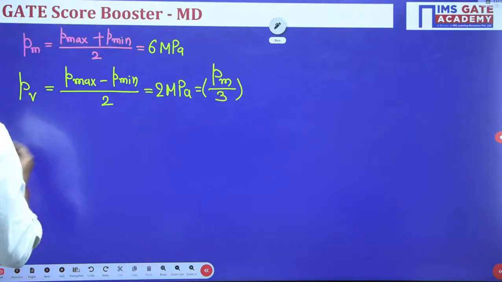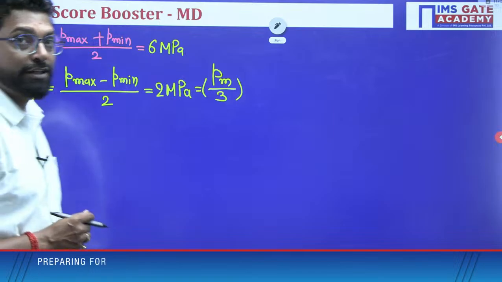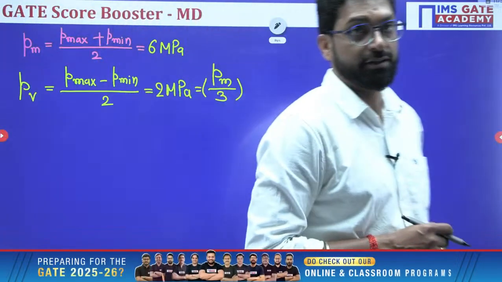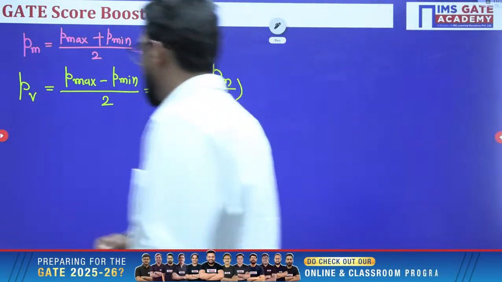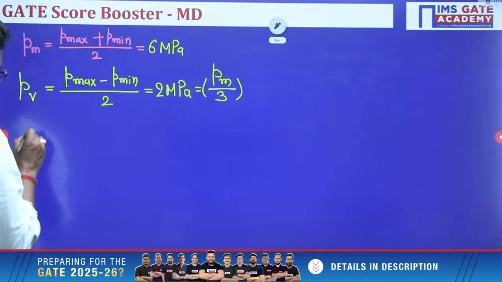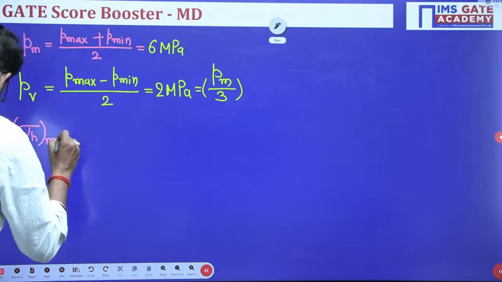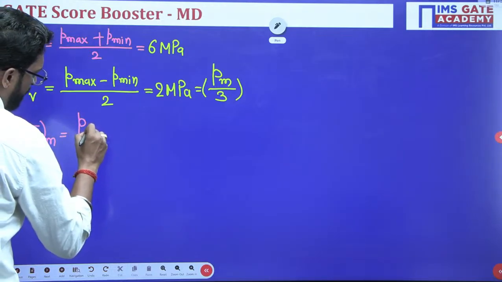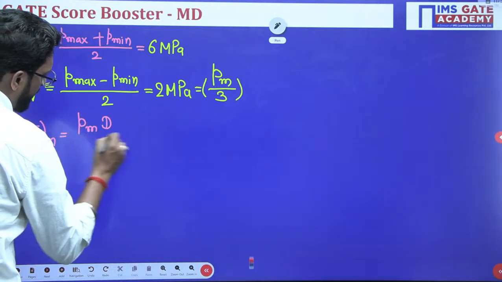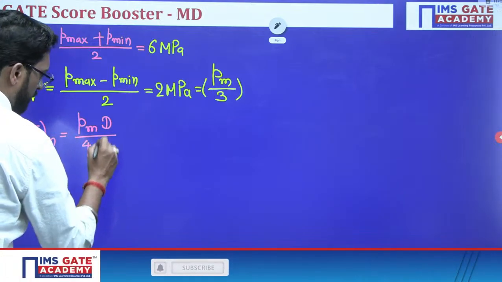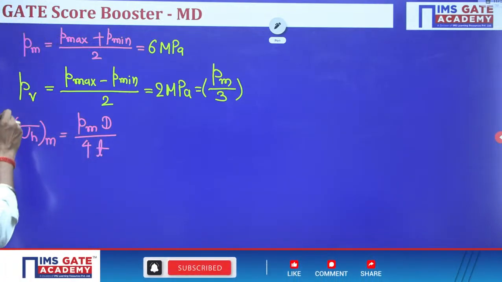Now, here we have to design the pressure vessel according to hoop stress, because hoop stress is the critical stress in this case. So the mean hoop stress, we know from the formula, is P D upon 4 T, according to the strength of materials equation.